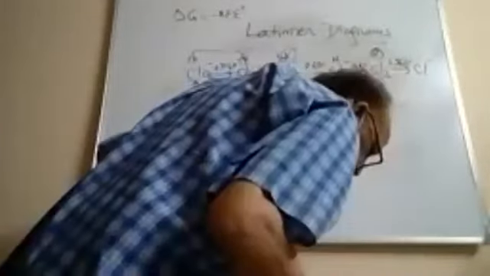Let's say I don't want to go up to ClO4 minus, but I want to go up to ClO3 minus to Cl minus. What would be the potential here then?